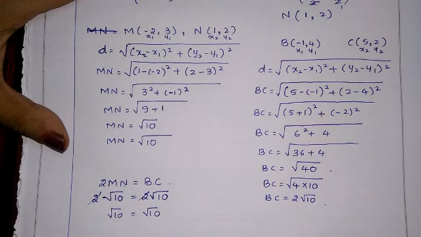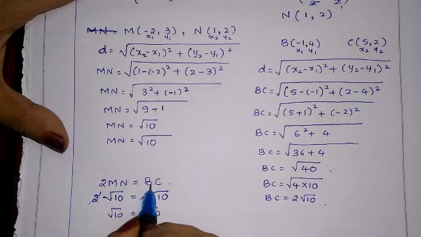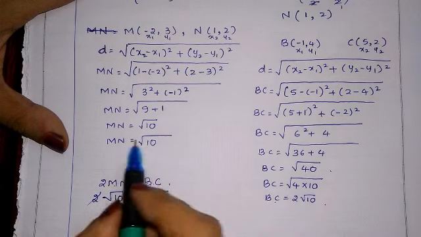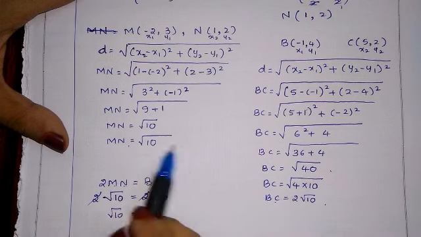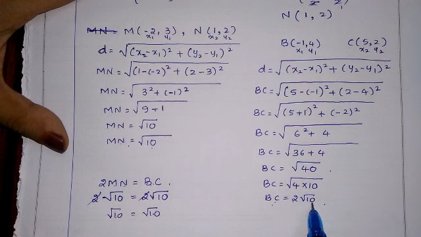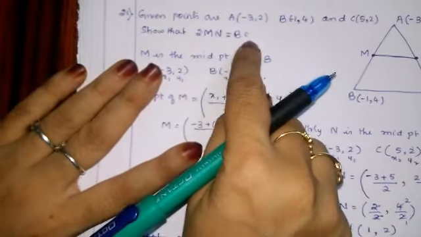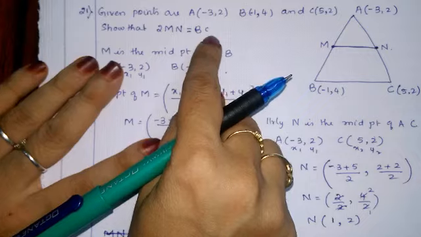So 2MN is equal to BC. BC is double of MN, root 10, BC is 2 times root 10. So we proved what they have told in the question, 2MN is equal to BC.